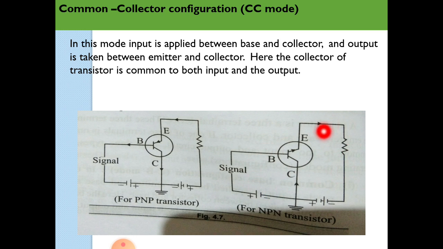This is the circuit diagram of the NPN transistor and PNP transistor when the configuration is in common collector mode, CC mode. Okay.